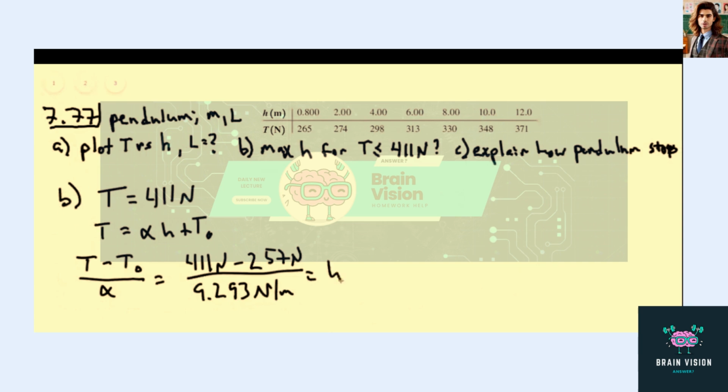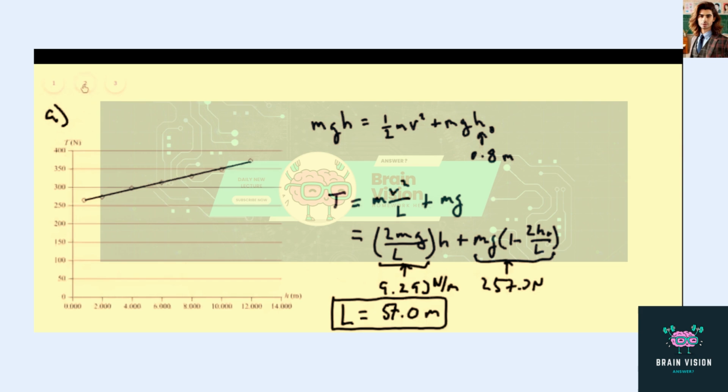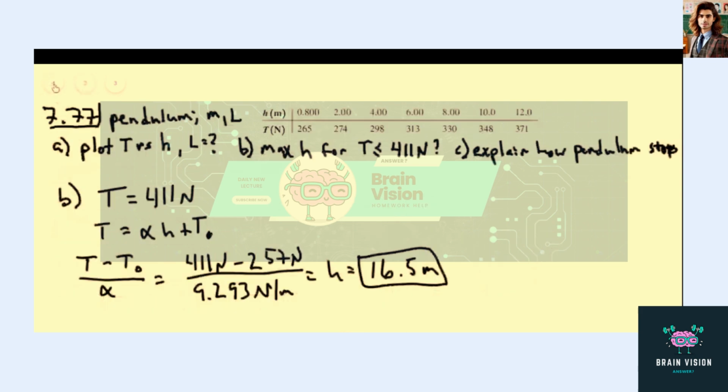This will be H. And this gives us 16.5 meters. Which, if you recall, the length of the wire is 57 meters. So this is actually quite possible. You're not lifting it up above the pivot point of the pendulum or something.